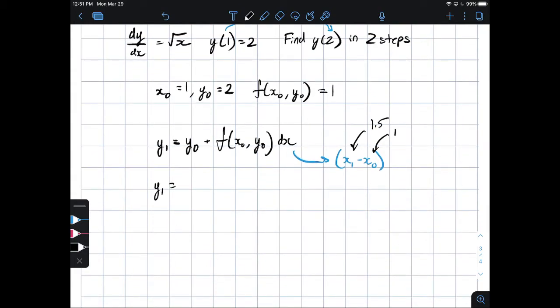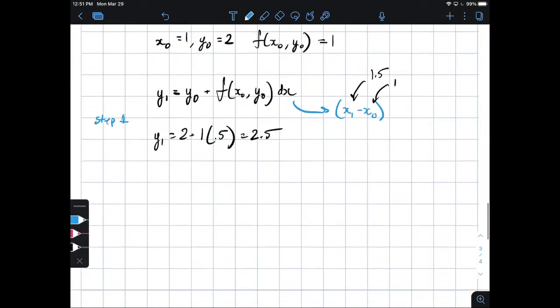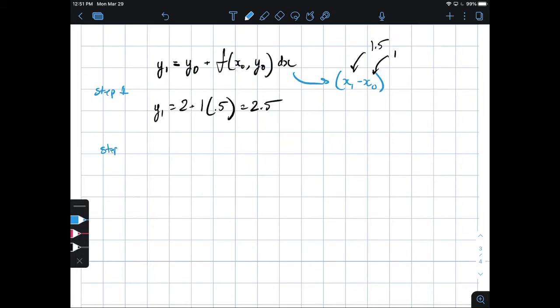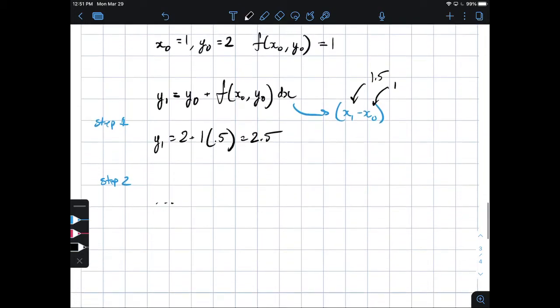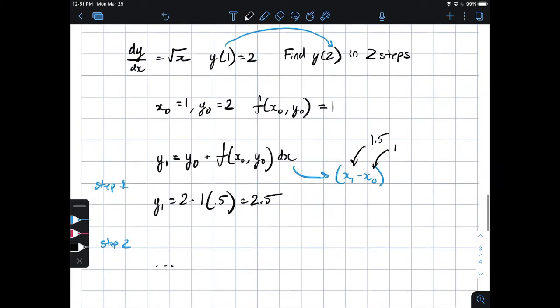And then we could say y1 is equal to 2 plus our 1 times 0.5, which is equal to 2.5. Essentially, this was our step 1. Then we would have to do step 2, and that's going to lead us to our answer, but I'm not going to do that because it's the same process. Essentially, you lay out the variables, plug it into this formula once again, and that is that.